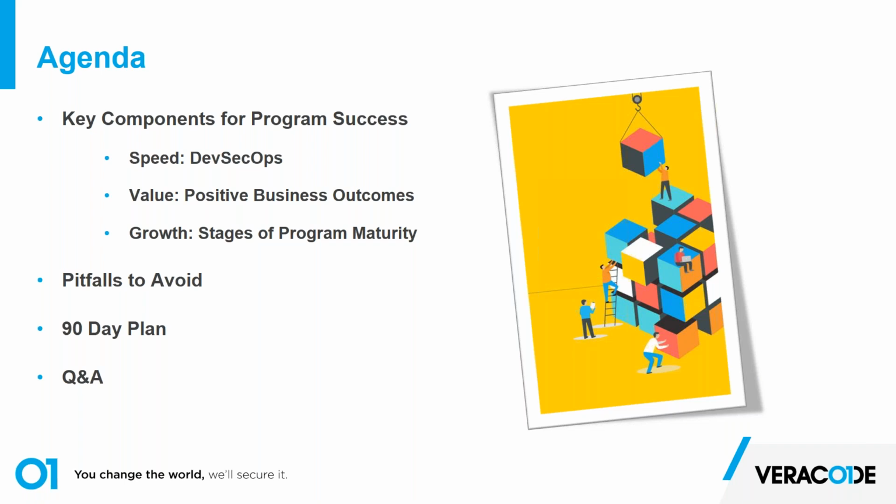I'm not just talking to companies and people who are thinking about starting an application security program or initiatives from scratch. If your organization's been running an AppSec program for a decade, I trust you'll still find some value here.